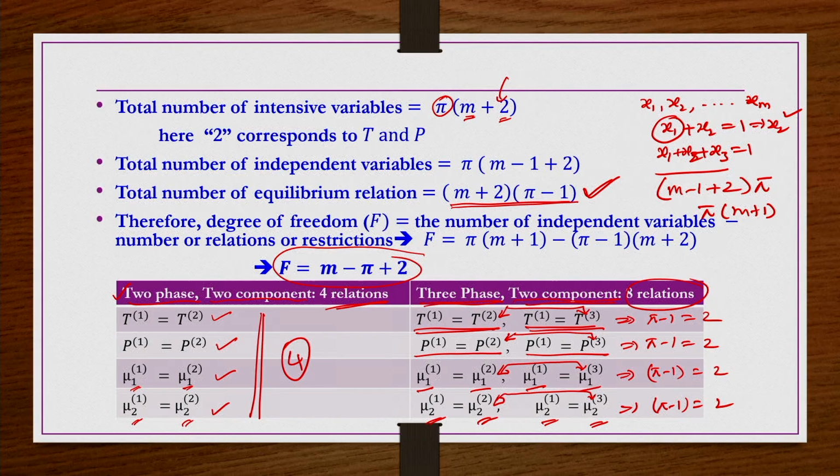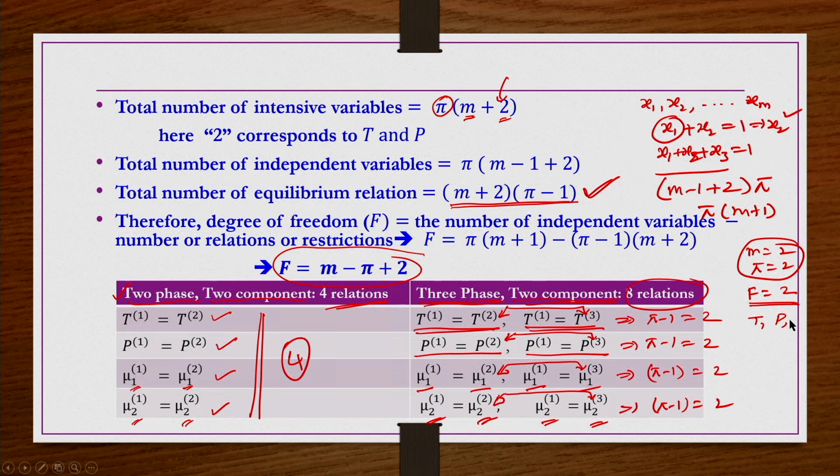Okay. Let us say you have a binary system, and a 2 phase binary system. Then the number of degrees of freedom f should be how much? M minus pi plus 2, that is 2. So, what are the total number of intensive variables?